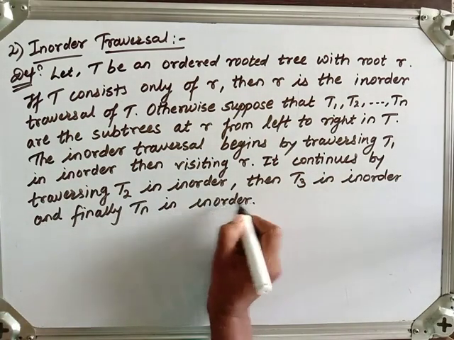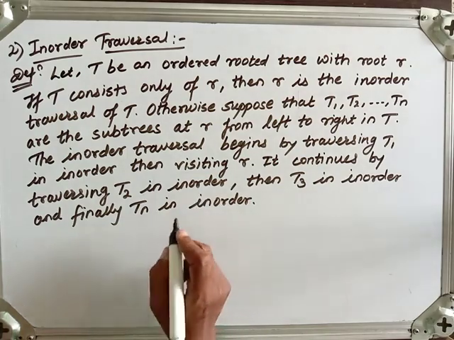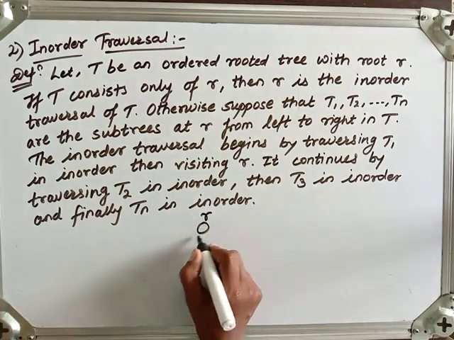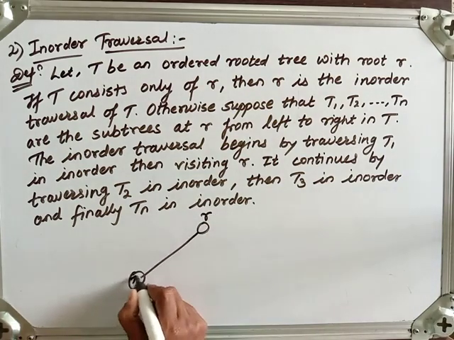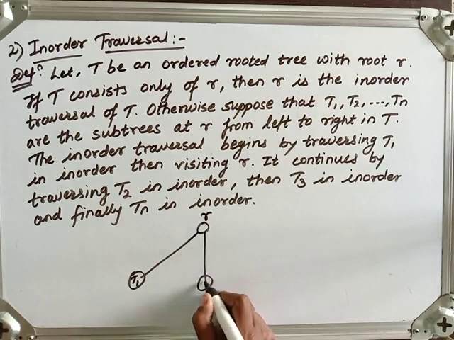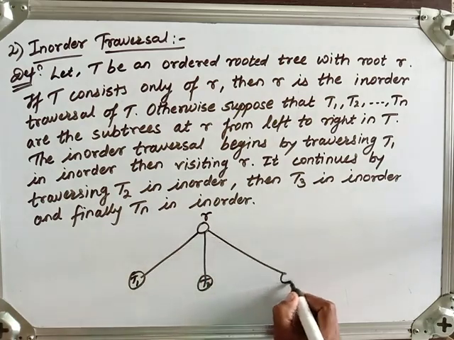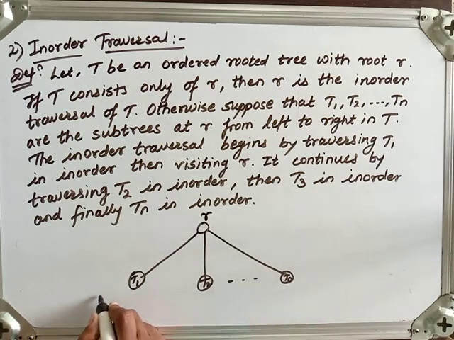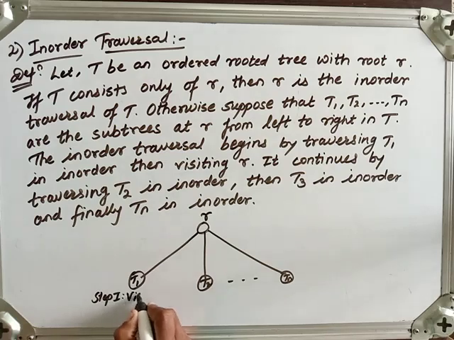Now diagrammatically let me tell you what in-order traversal is. Suppose again the root R, and it has subtrees T1, T2, then Tn. Step 1 is for T1: we visit T1 in order.